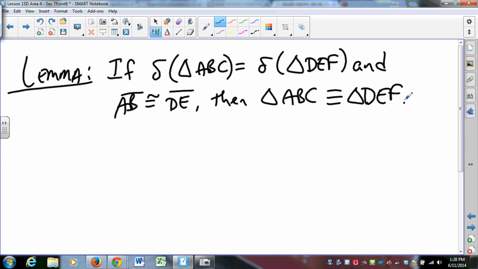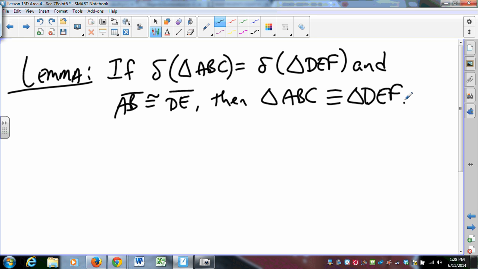Now, why does that matter? Because two regions that are scissors congruent have the same area. So what we're basically saying with this lemma is that if two triangles have the same defect and one corresponding side congruent, then those triangles have the same area.